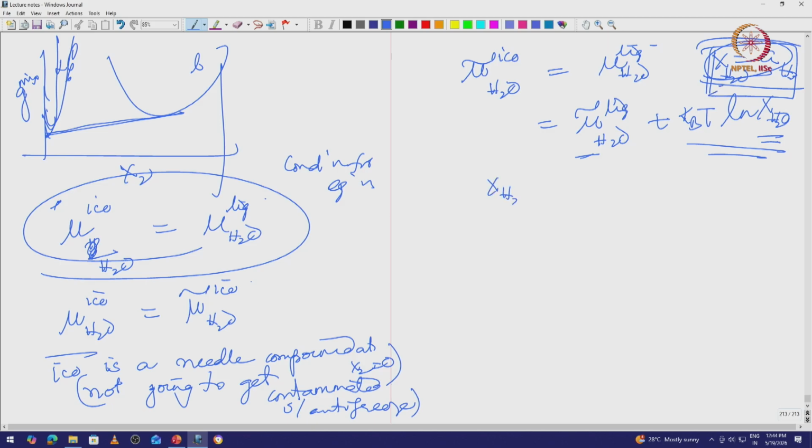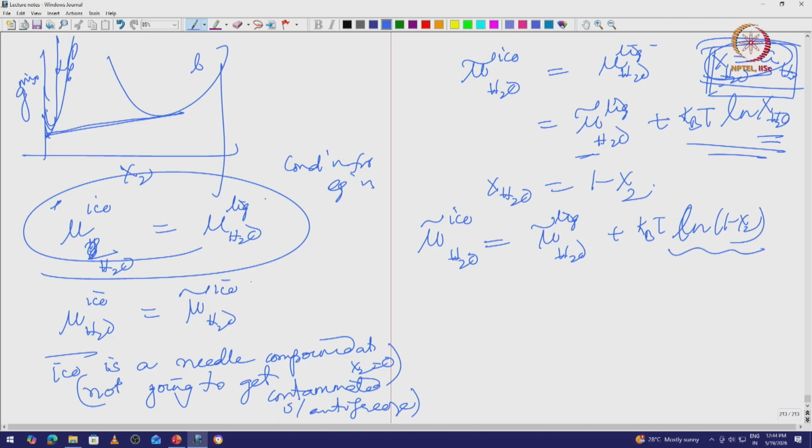But xH2O itself is equal to 1 minus x2, right? x2 being my antifreeze, and so I am going to write this as mu of water in ice equal to mu tilde of water in liquid plus kBT times ln(1 minus x2), and x2 is small, so I can just approximate ln(1 minus x2) to be equal to minus x2.